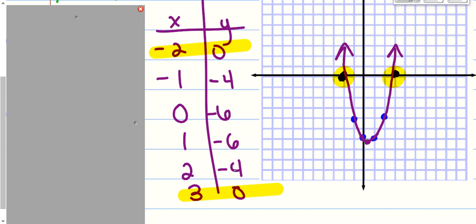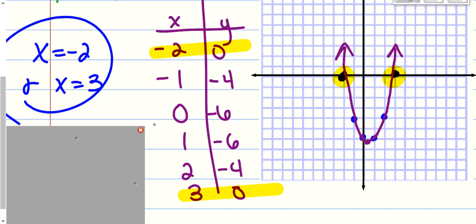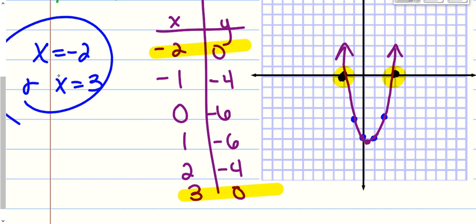So negative 2, 0, and 3, 0, those are the points I have highlighted on my graph. I would like for you to highlight them on the graph, and on the table. So your answer here is going to be x equals negative 2 and x equals 3.